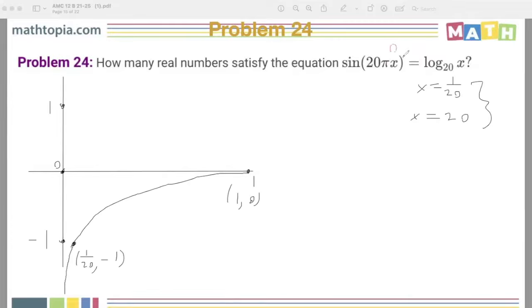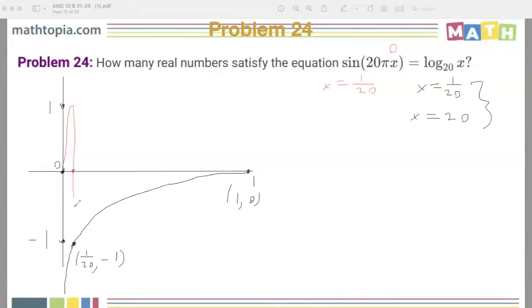Of course, x equals 0 is the first zero. The second zero is when 20 pi x is equal to pi. So when x equals 1 over 20, we get sine of pi, which is 0. That means the function goes shooting up, hits 1, and by the time the logarithm function is -1 down here, it's already hit the x-axis again.